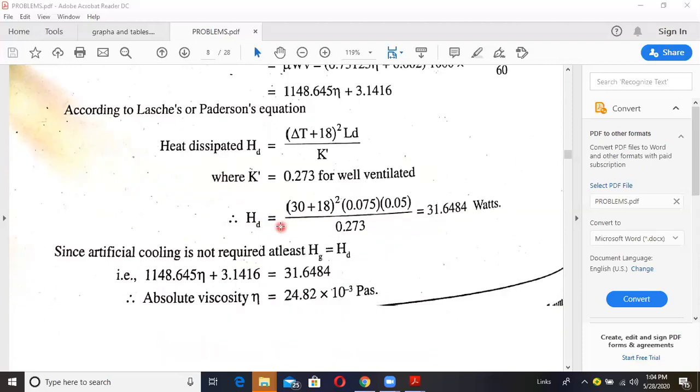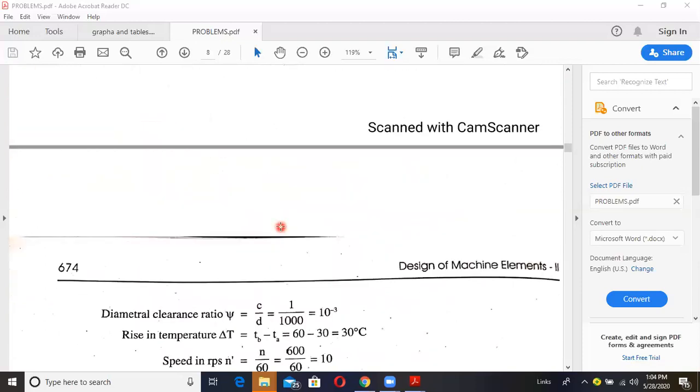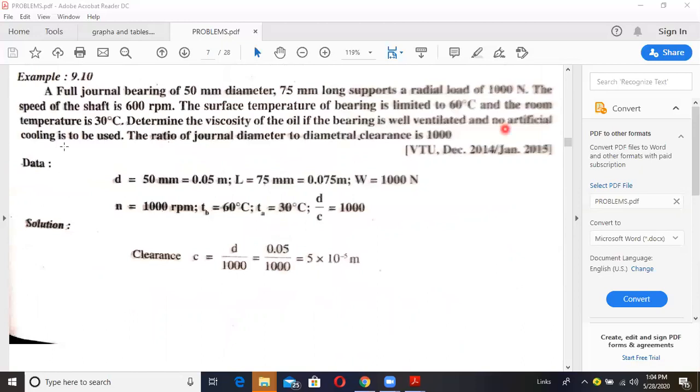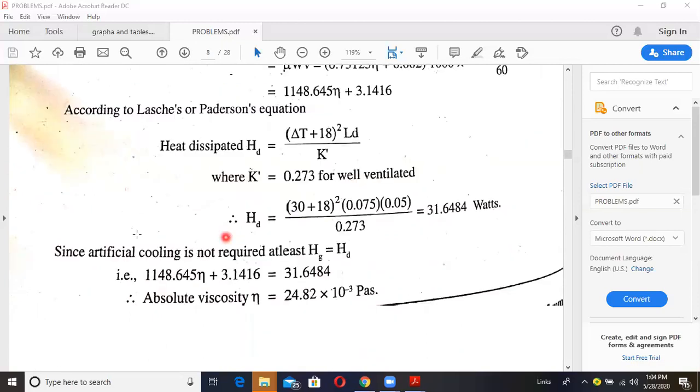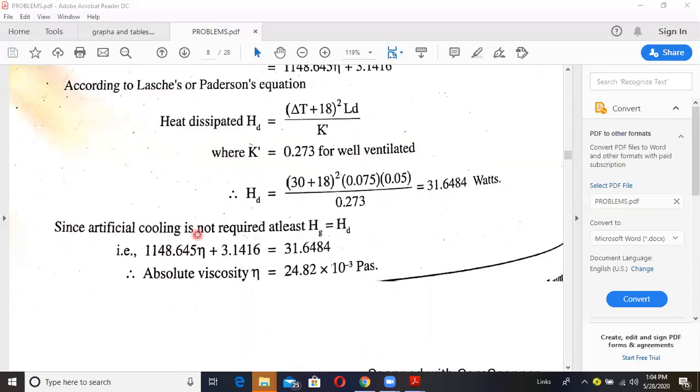And another thing they have told in the question is that no artificial cooling is to be used. Since artificial cooling is not required, Hg is equal to Hd. We are considering that condition here. By taking the condition Hg is equal to Hd, substitute the value of Hg.